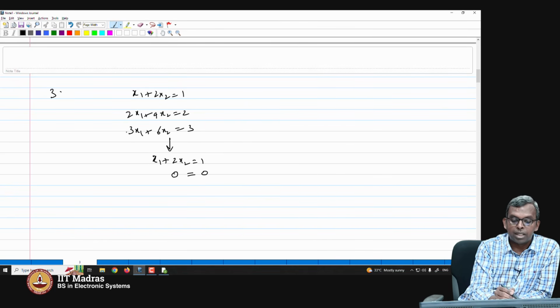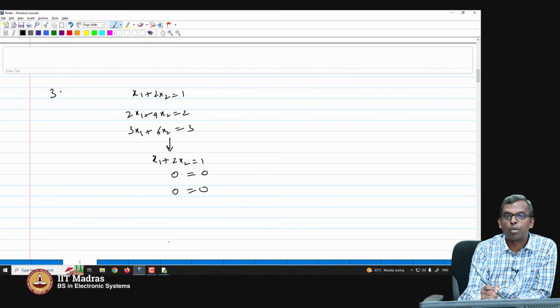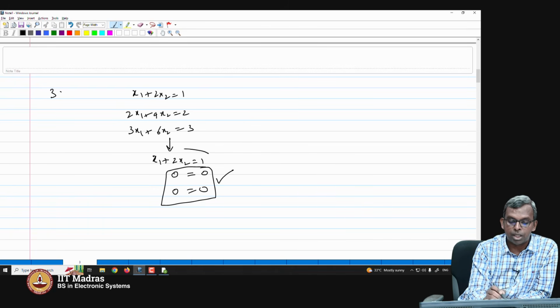Likewise, I am going to do equation 3 minus 3 times equation 1. Again, you will get 0 equals 0. So this is all automatically satisfied. You are left with only one equation in two variables. What is that? This will give you infinitely many solutions.